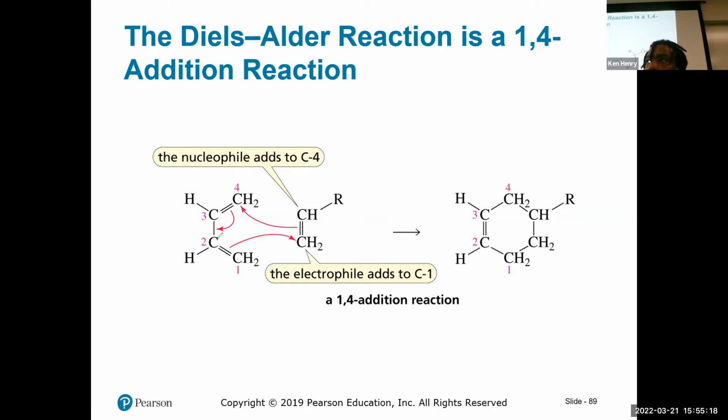And then that causes the double bond here to use its electrons to attach to the carbon on the other structure. Okay, so we get bonding between the 1st carbon and the carbon over here.